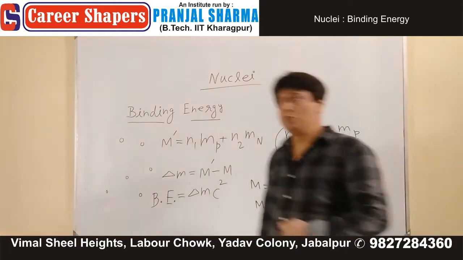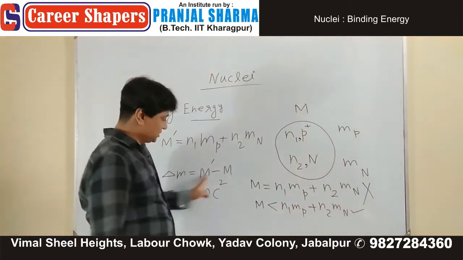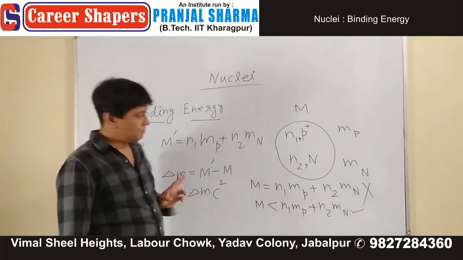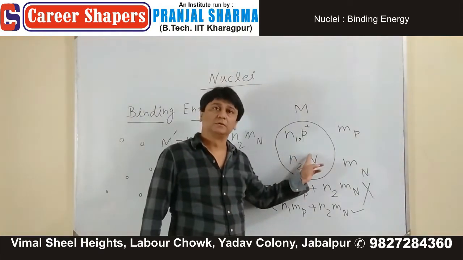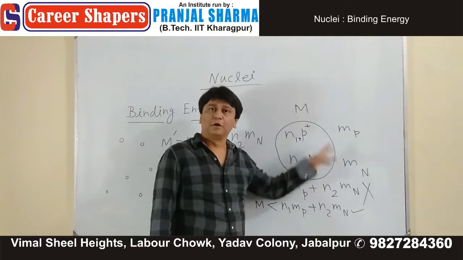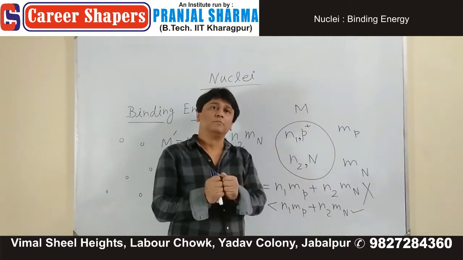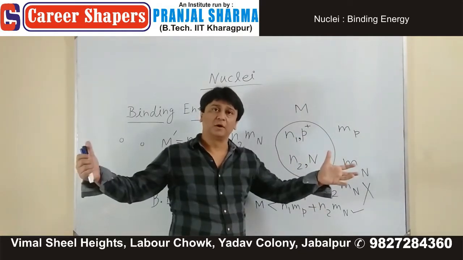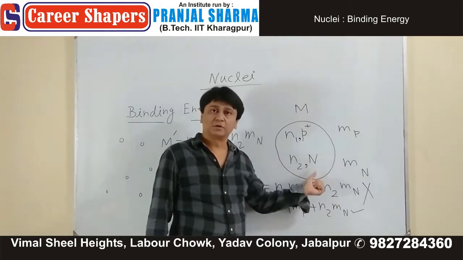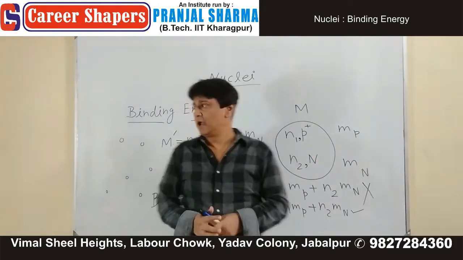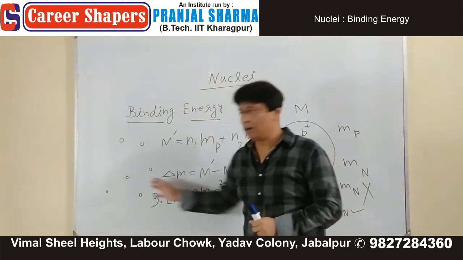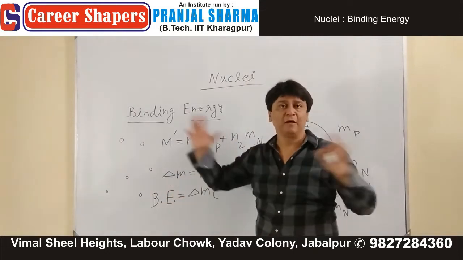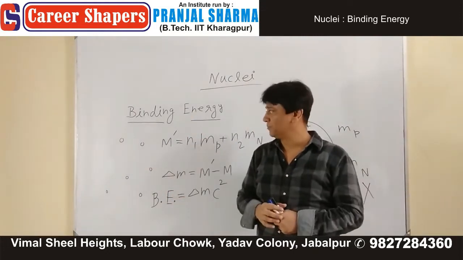If you provide this much energy back to this nucleus, then all the nucleons will move away from each other. This nucleus will disintegrate and you get all these nucleons when they have very large separation.